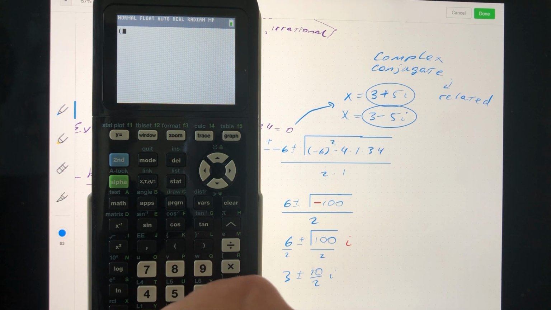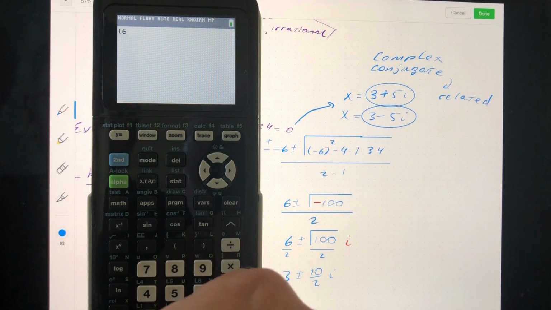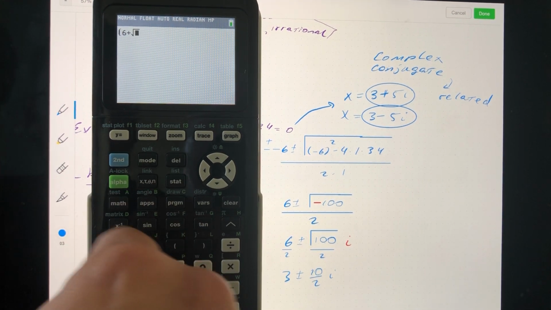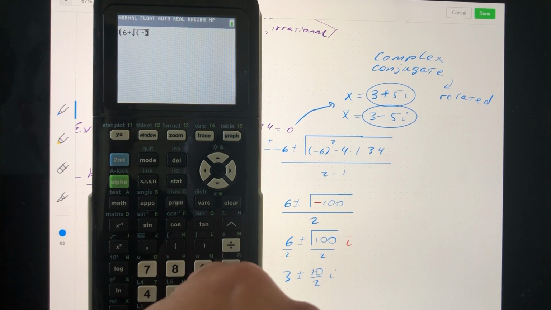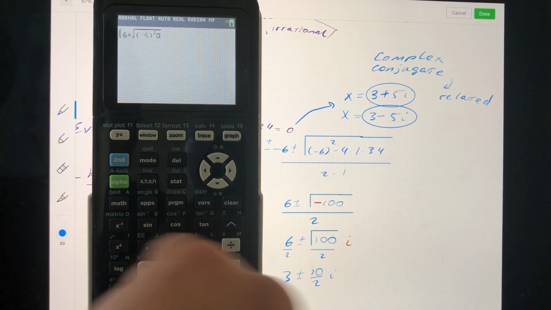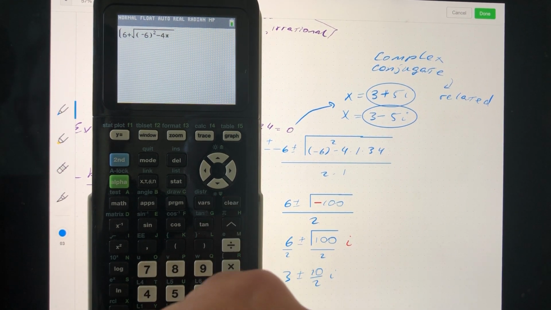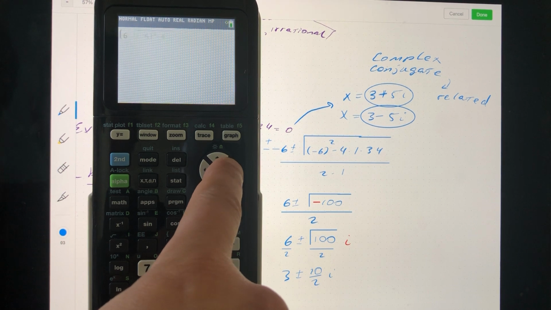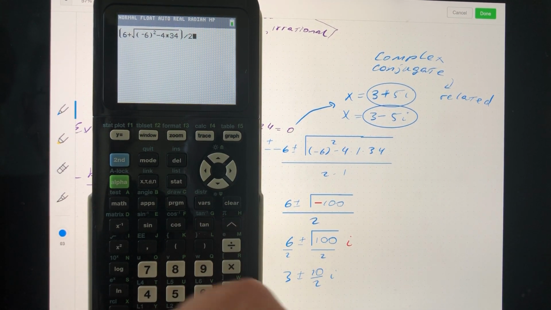Two negatives will make a 6, so let's make 6 plus square root, and then negative 6 squared minus 4 times 1 times 34, and the entire question divided by 2 times 1, which is 2.